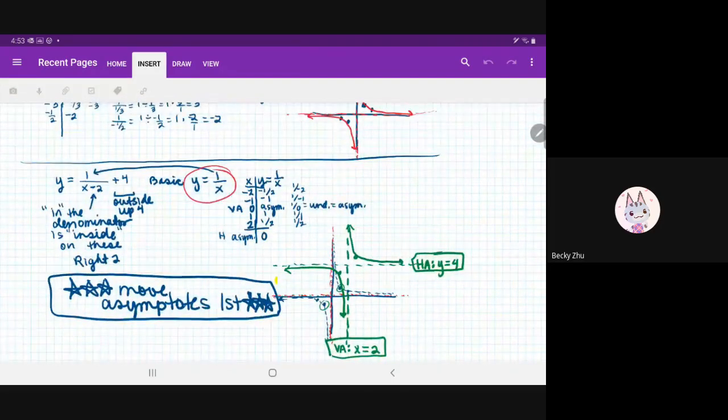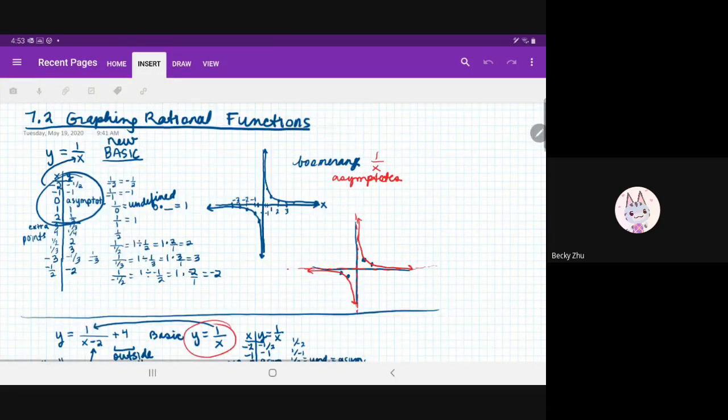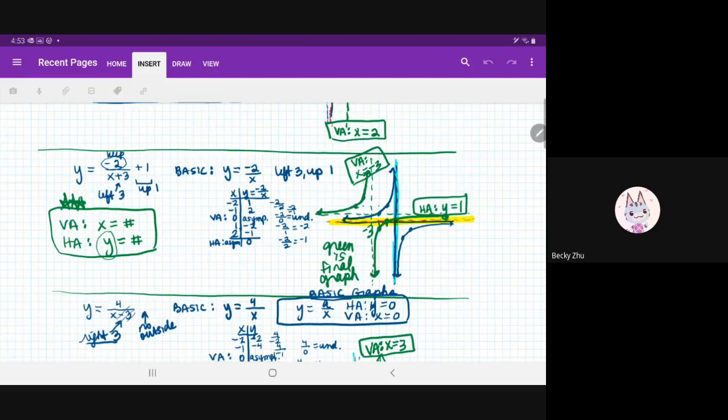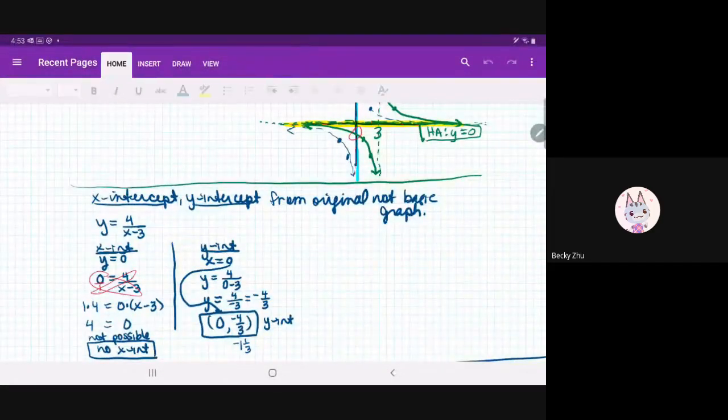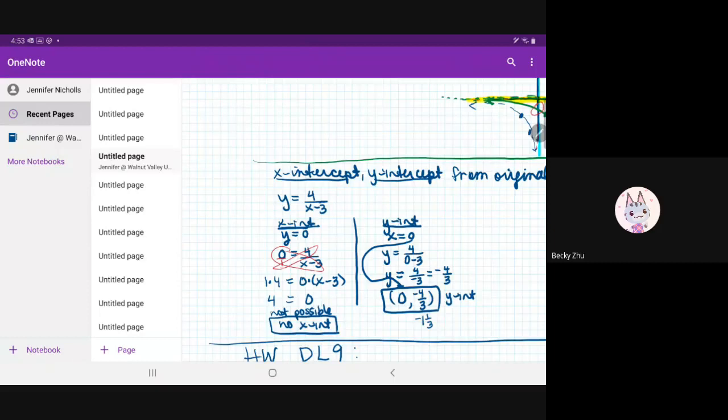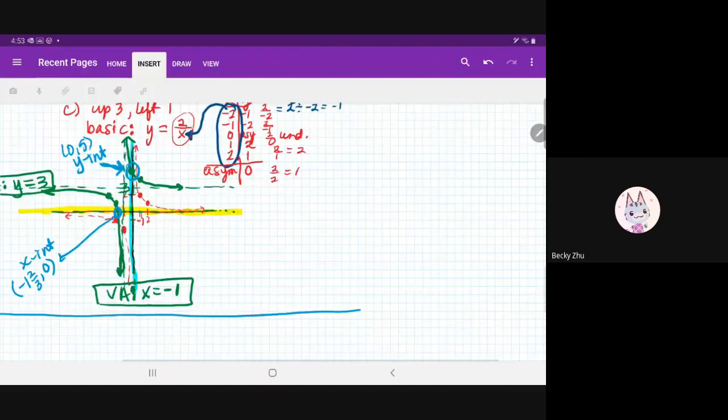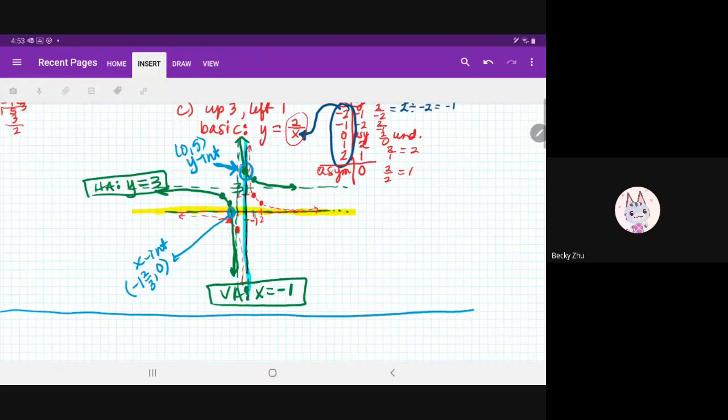What was it? y equals 1 over x minus 2, plus 4. And then what was my other one? y equals negative 2 over x plus 3, plus 1. Okay, let me do both of those because we didn't do x-intercepts on those. So let me go back to where I was. Here we go. So in the time that we have remaining, which is about 7 minutes, let's just find x-intercepts for our equations from Tuesday.